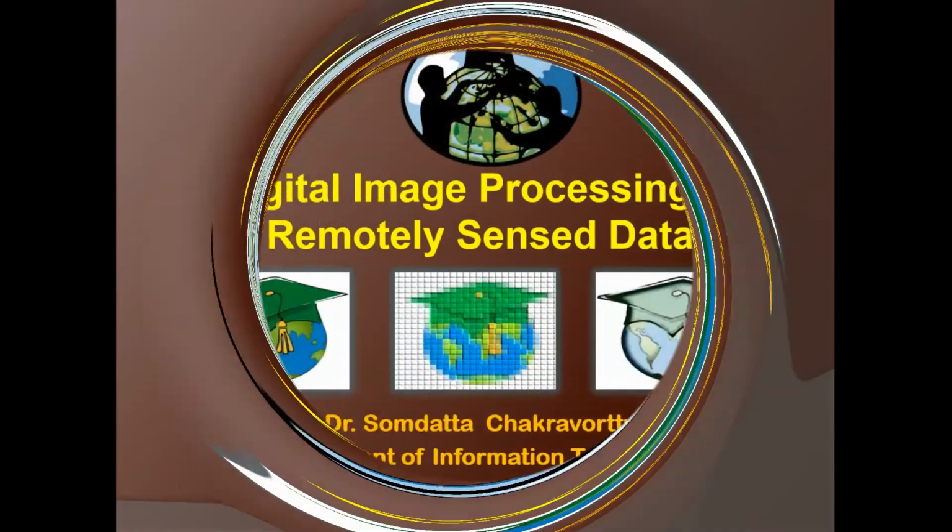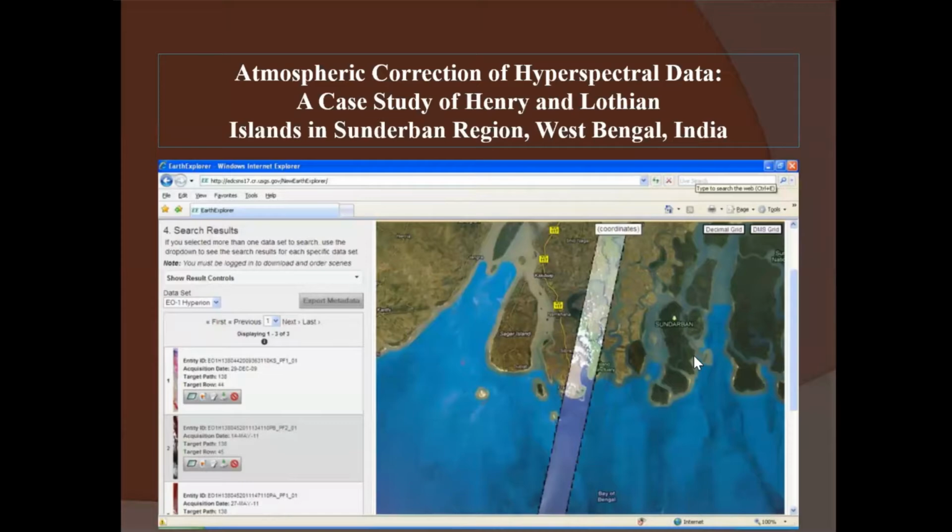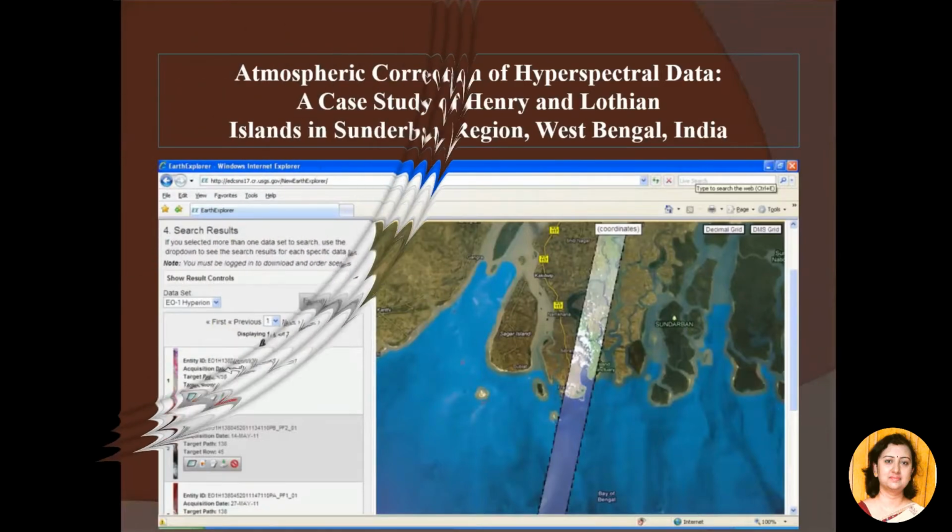In today's session, we will be discussing pre-processing of remotely sensed image data using atmospheric correction. Our main focus of today's lecture will be the application of atmospheric correction algorithms on the Henry and Lothian Islands of the Sundarban region of West Bengal in India.